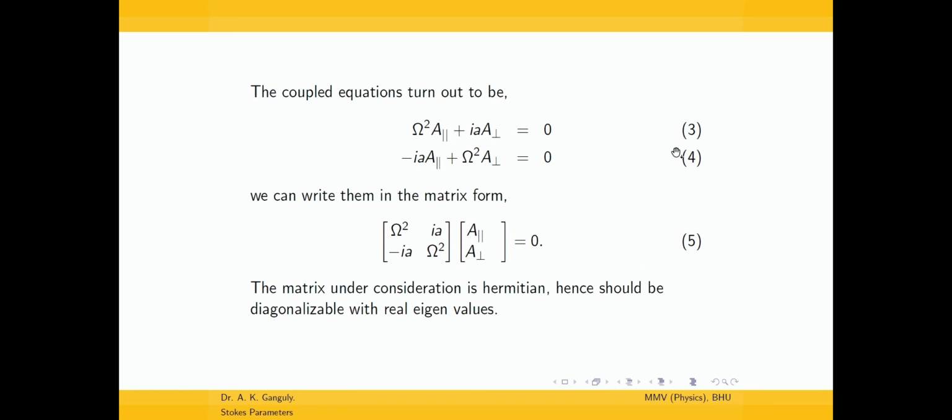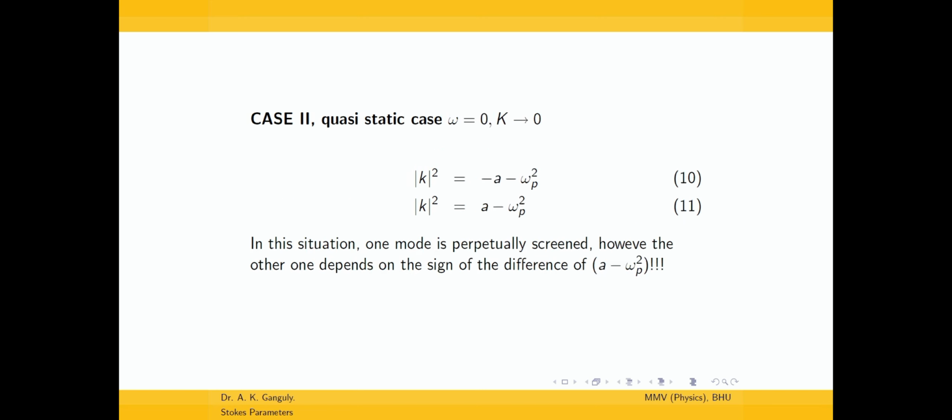The situation number 2 is case 2, when omega is equal to 0 and k tends to 0. In this situation, there are two possibilities. In one possibility, it is always screened because k is imaginary. But in the other case, it is not so obvious that it is always screened.